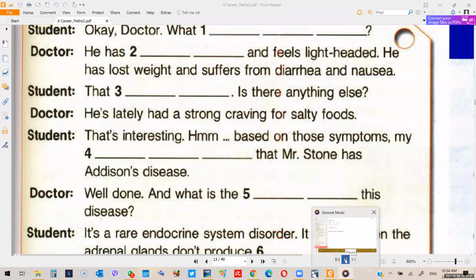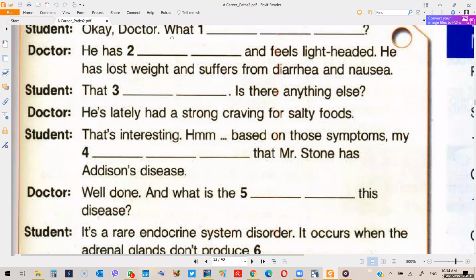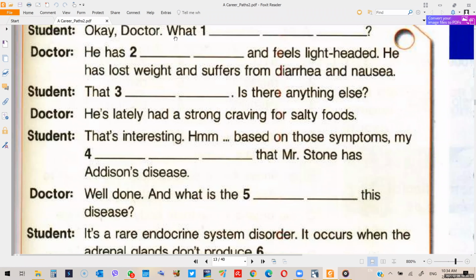So, okay, doctor. This is question number 1. What are his symptoms?